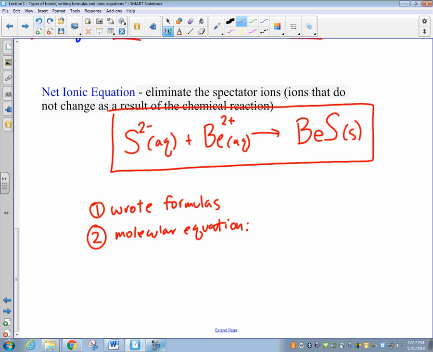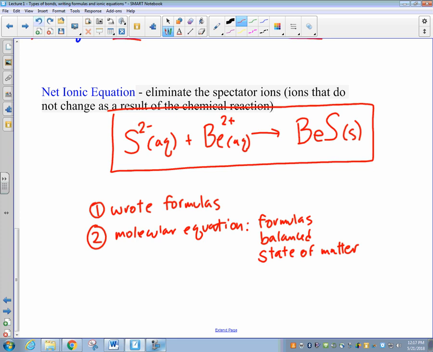Number 1, we wanted to make sure that we had all the formulas correct. Number 2, we wanted to make sure that our equation was balanced. And number 3, we wanted to make sure that we had included the state of matter of all of our species.